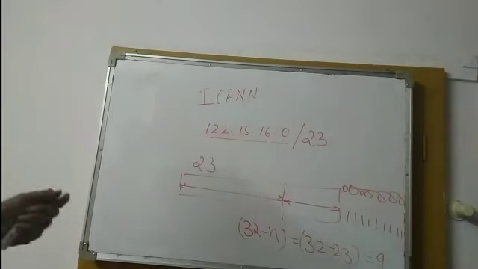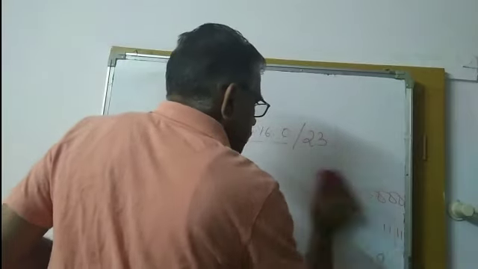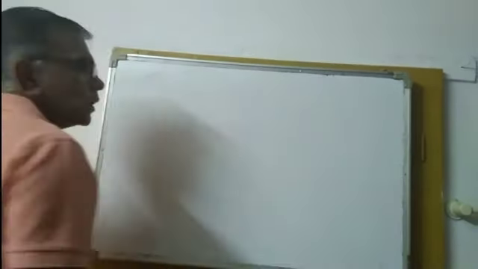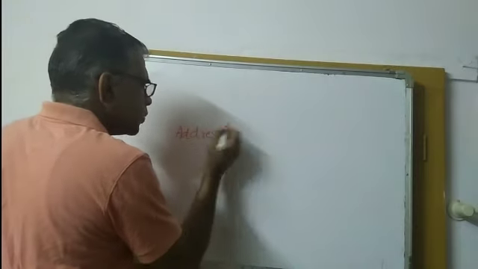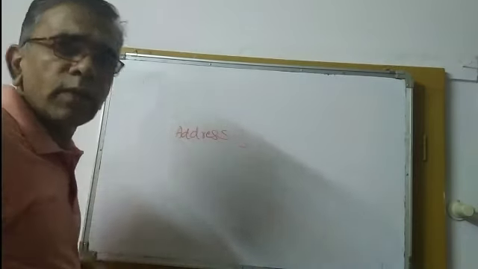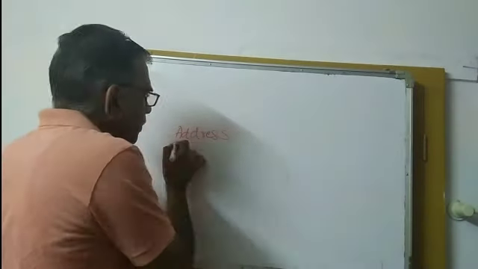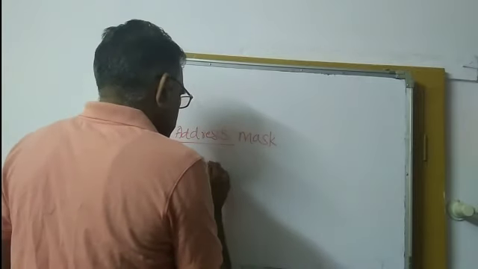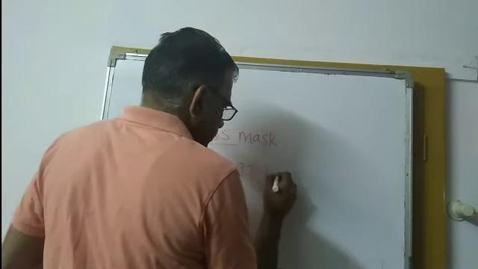One more thing regarding finding the addresses: one way of finding the address is using address masks. The address mask is helpful in finding the first address or the block address length. Take an example.